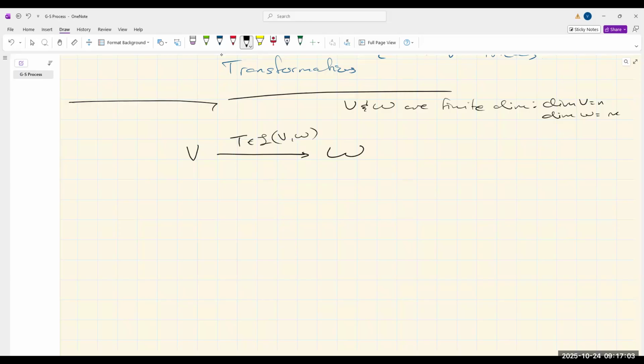Since V has dimension n, V is isomorphic to, let's say, Rn. And since W has dimension m, W is isomorphic to Rm.